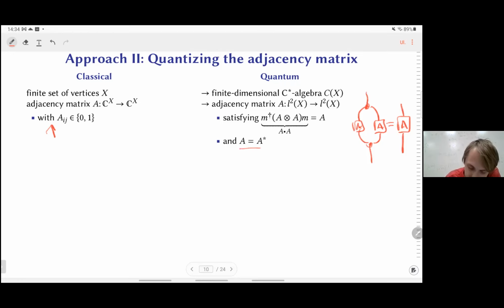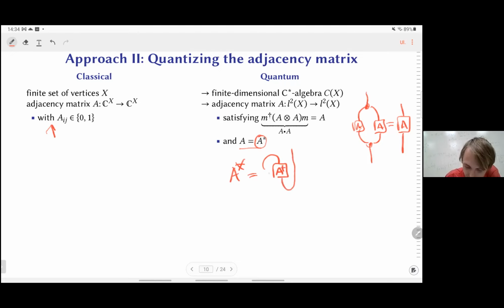And I have this additional condition, and you probably are asking why I have star here, not a dagger. Yes, there should not be dagger, the star is okay, and I define a star as the following thing.